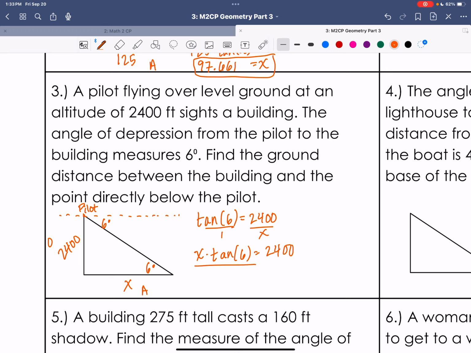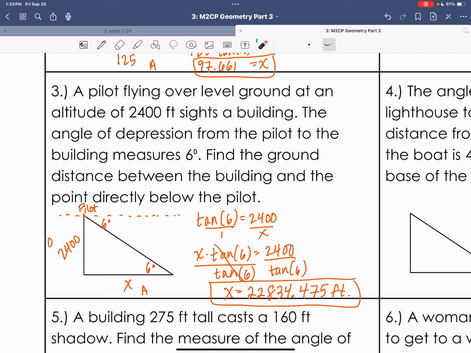Now remember, we're solving for x, so we need to move this to the other side. That simplifies to 1. And then x equals 22,834.475 feet.